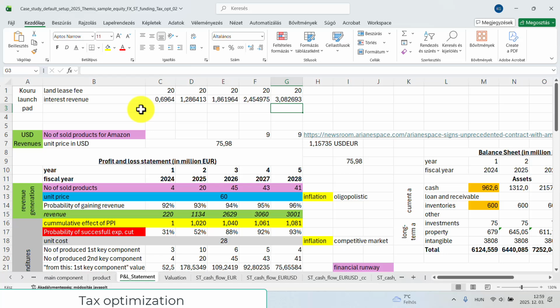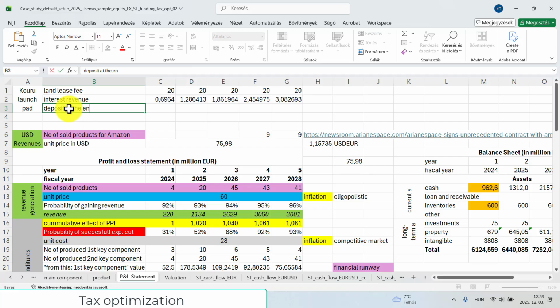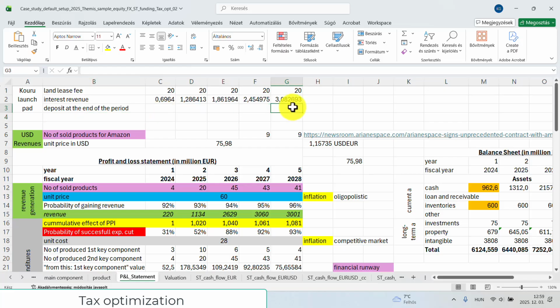Okay, so now we were able to earn this amount of money. Then we can say that the deposit at the end of the period is all these numbers.